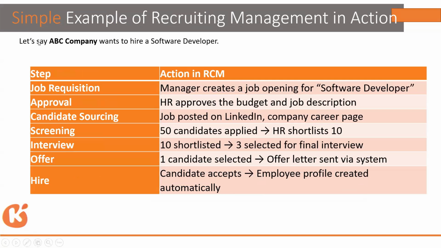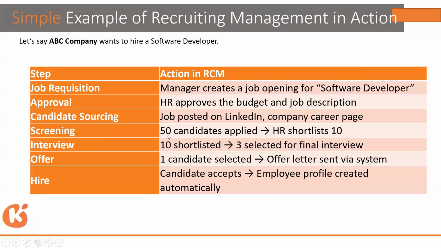Now let's suppose there is an ABC company and he wants to hire a software developer. So you can see he will create a job requisition as a software developer. Then he will take an approval. After approval, the candidates will start applying from LinkedIn, Facebook, and any other company career pages you have. Then you screen the candidates.